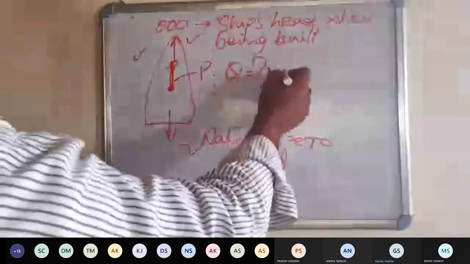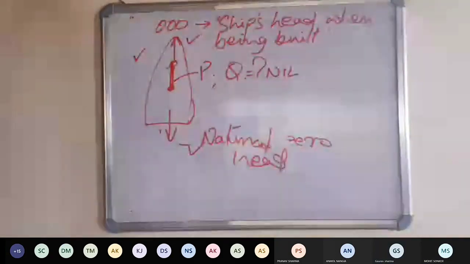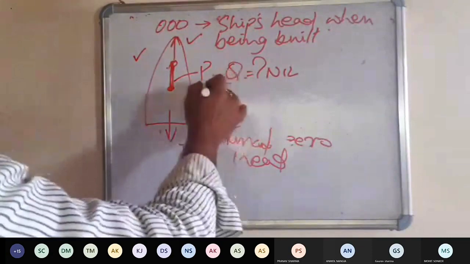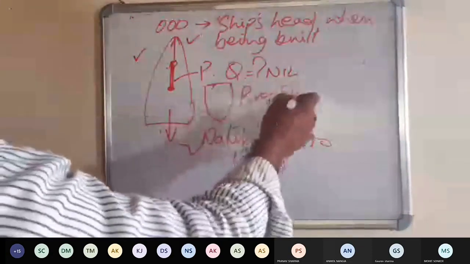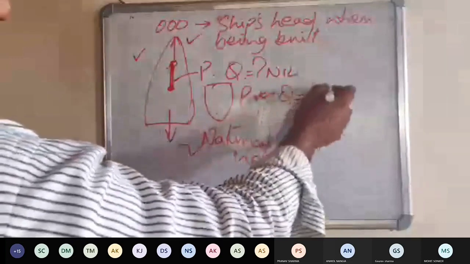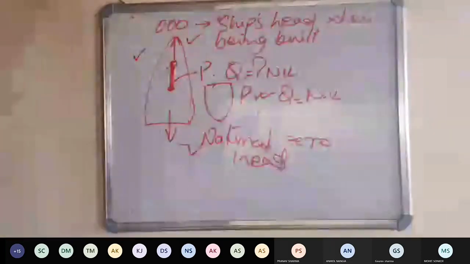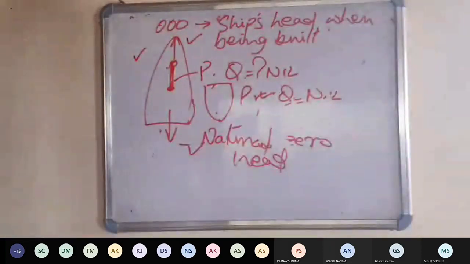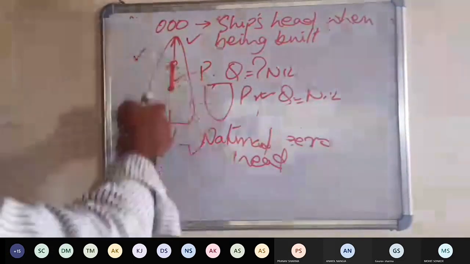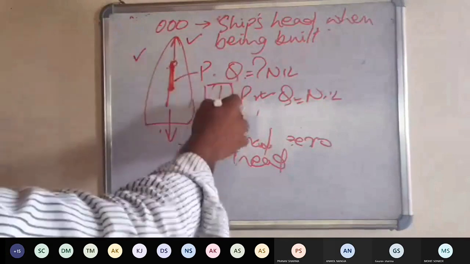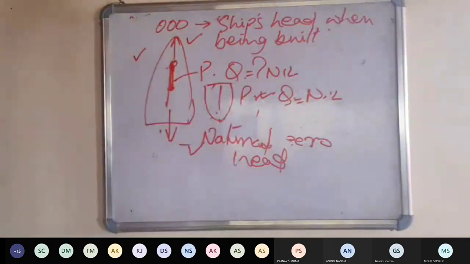So this is nil. Also, when the ship is getting built like this, P is all there, but Q is also nil in this case. The forward-aft component P is maximum on this heading and this heading, but the Q force is 0.